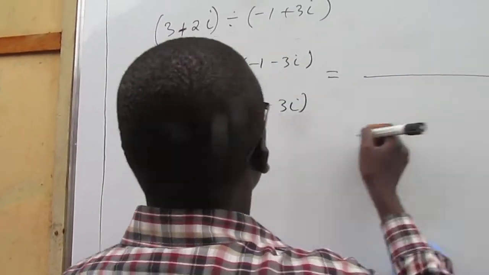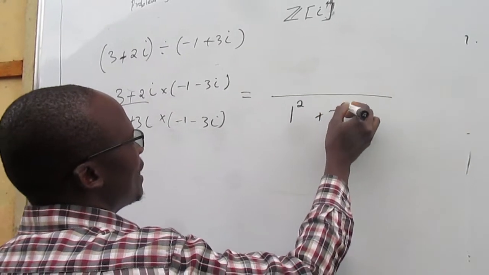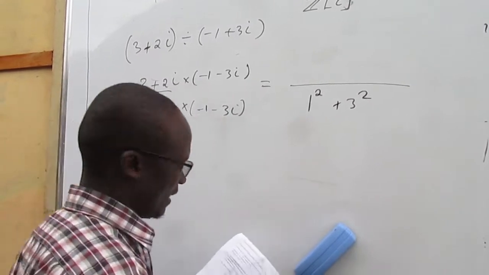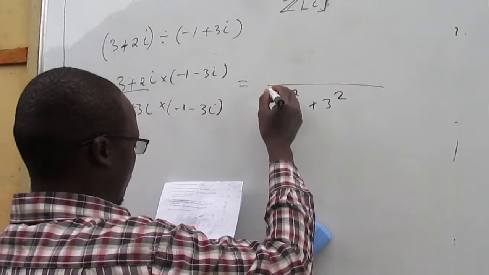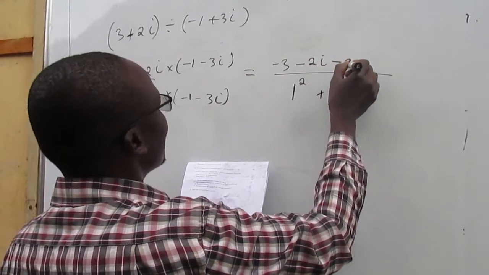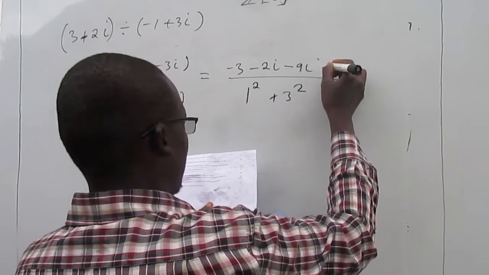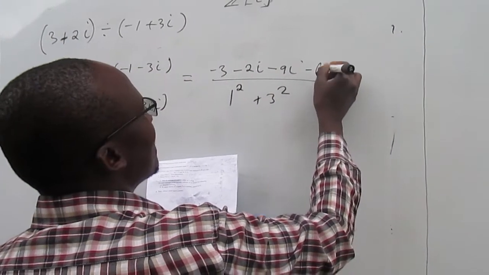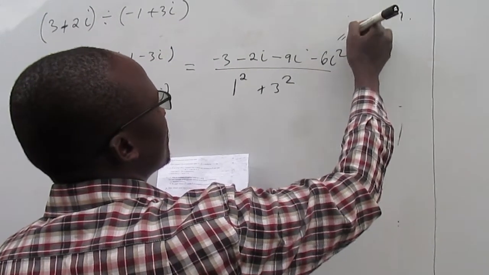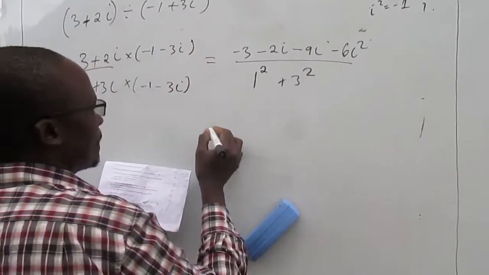And so the denominator gives 1 squared plus 3 squared, that is the square of the real part plus the square of the imaginary part. And then for the numerator, we'll have minus 3 minus 2i minus 9i, then we have minus 6i squared. We know that i squared is equal to minus 1, so this will give us plus 6.